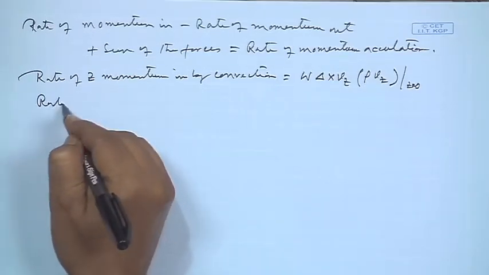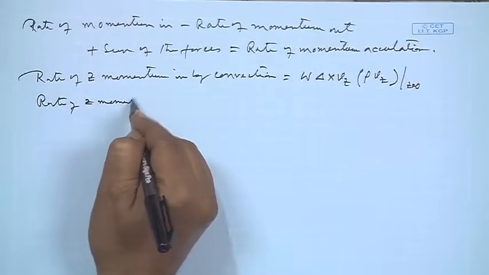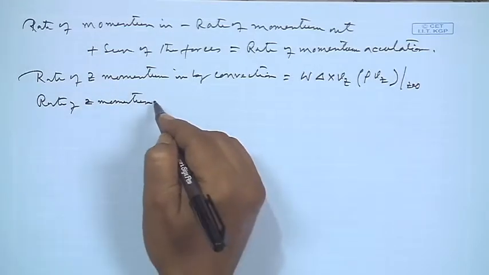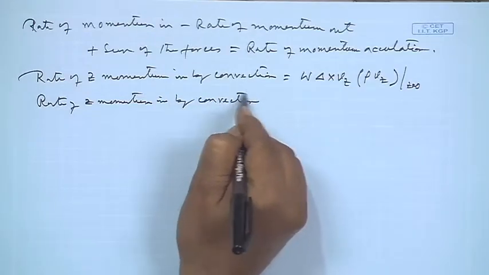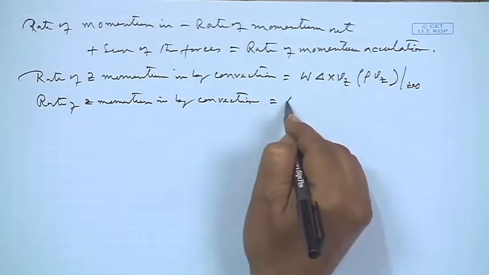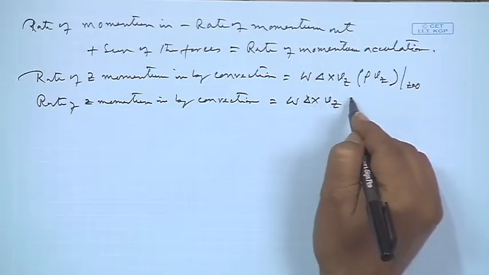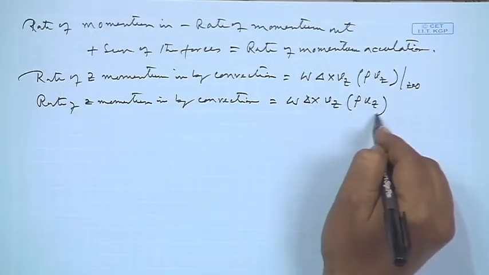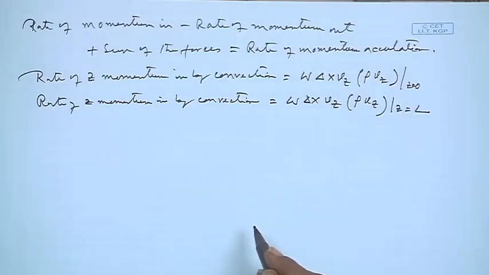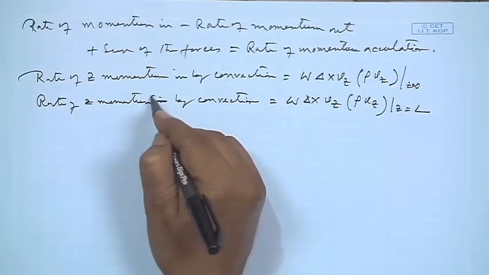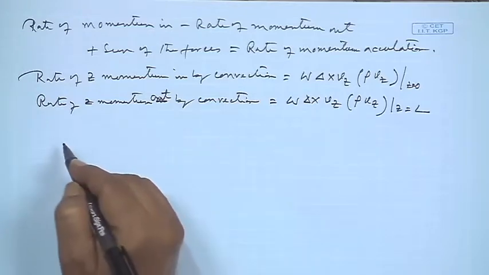The rate of z momentum out by convection is equal to W times delta x times v z into rho v z at z equals L. This is out, not in, in was there before, this is momentum out.